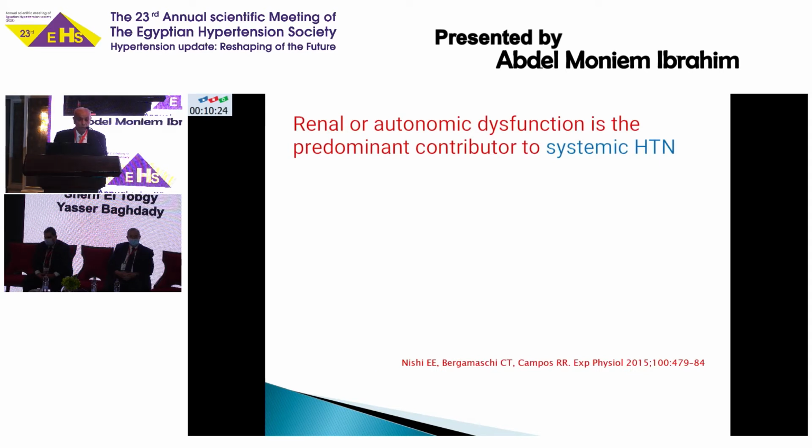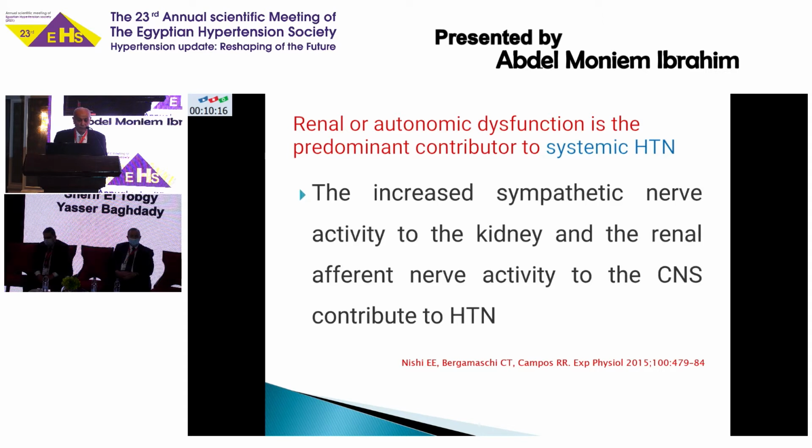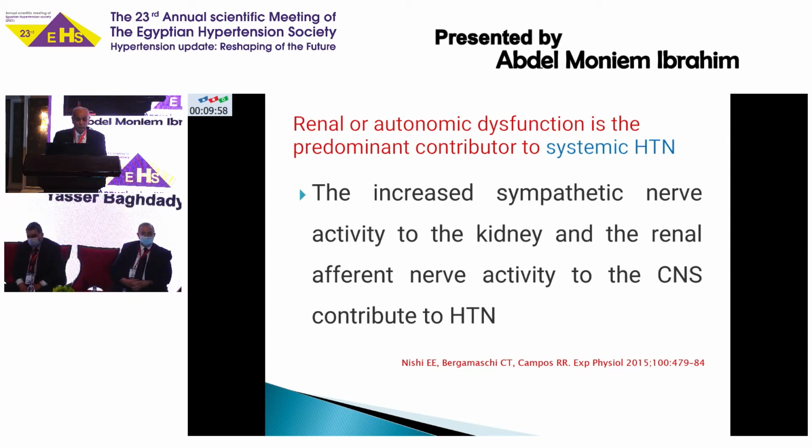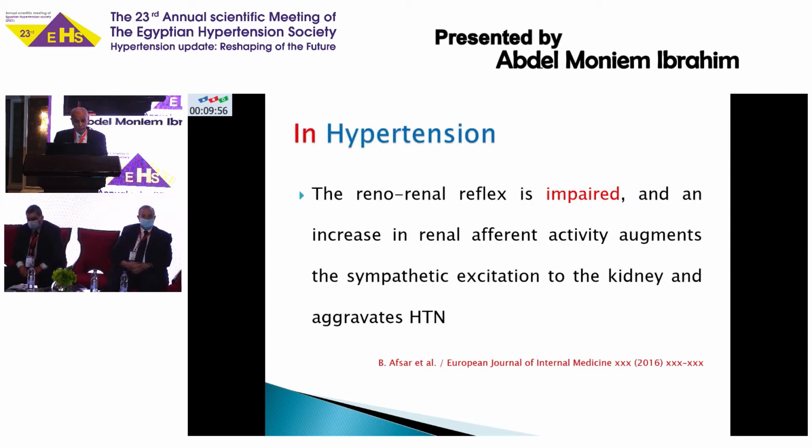Renal or autonomic dysfunction is the predominant contributor to systemic hypertension. The increased sympathetic nerve activity coming from the brain to the kidney, and the renal afferent nerve activity from kidney to the CNS, contribute to hypertension.